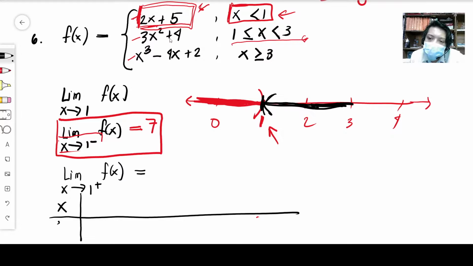When you look at the function, here, your x is greater than or equal to 1 but less than 3.